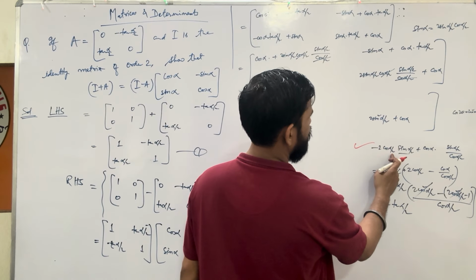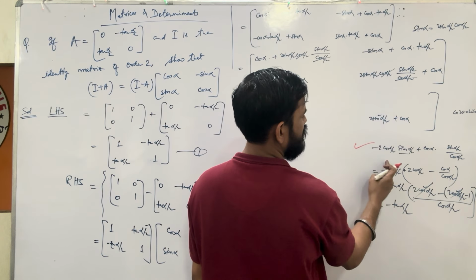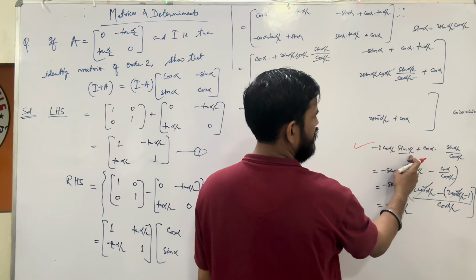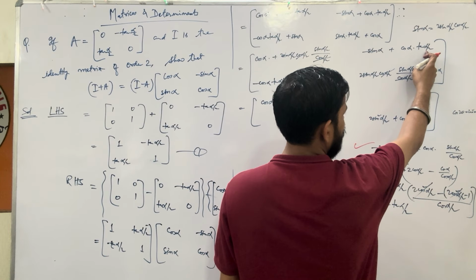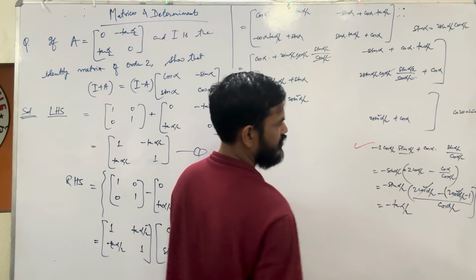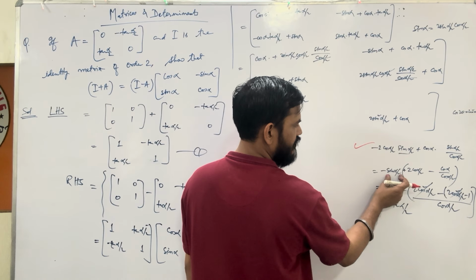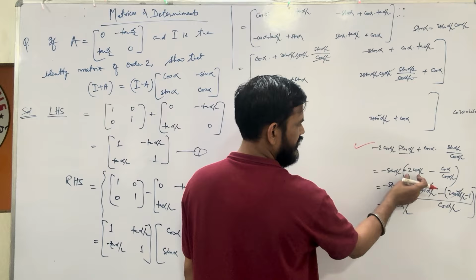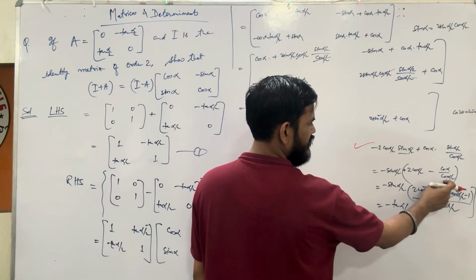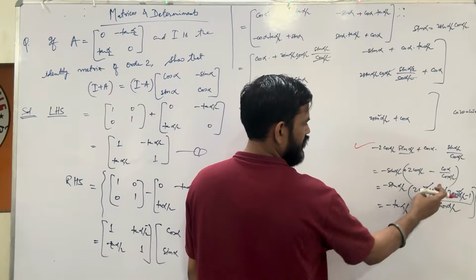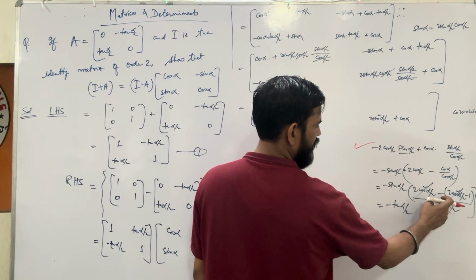We have minus sin alpha, so I'll write it as minus 2 cos alpha by 2 sin alpha by 2, and then this term is cos alpha, and then I'll turn tan alpha by 2 into sin alpha by 2 by cos alpha by 2. Now if you take sin alpha by 2 common, you get minus sin alpha by 2 common, and the minus becomes plus 2 cos alpha by 2 minus cos alpha by cos alpha by 2. When you take the LCM, this becomes 2 cos square alpha by 2 minus cos alpha.